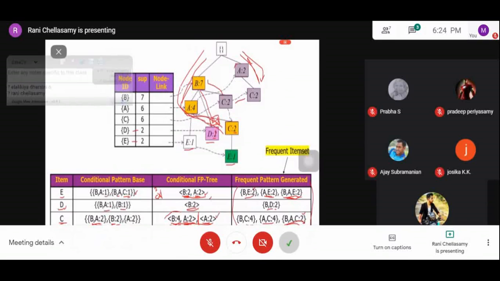So this is your final frequent item set generated with the FP growth algorithm. This FP growth algorithm does not do candidate generation. So without candidate generation, you are constructing the frequent item set. That's the main point to be noted in the FP growth algorithm.